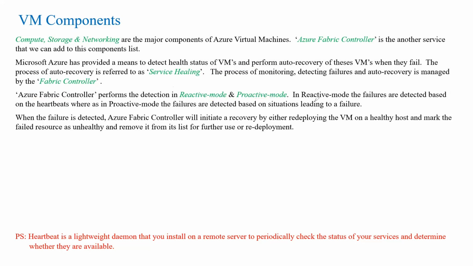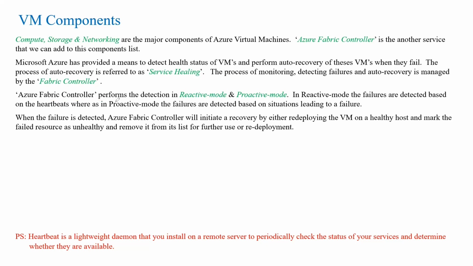In reactive mode, the failures are detected based on heartbeats. Heartbeat means there is a software daemon or a service, in the case of Windows. We have seen services.msc, right? We can see various services that are running. So there is one particular service called Azure Fabric Controller.